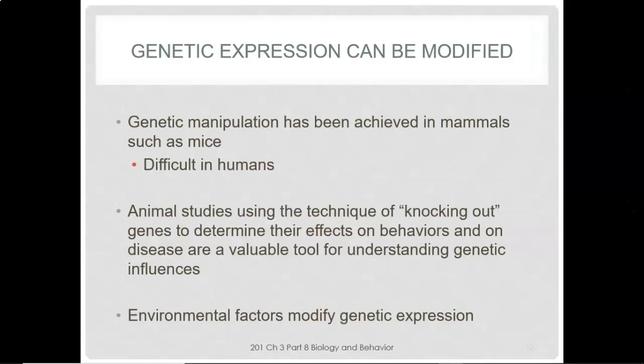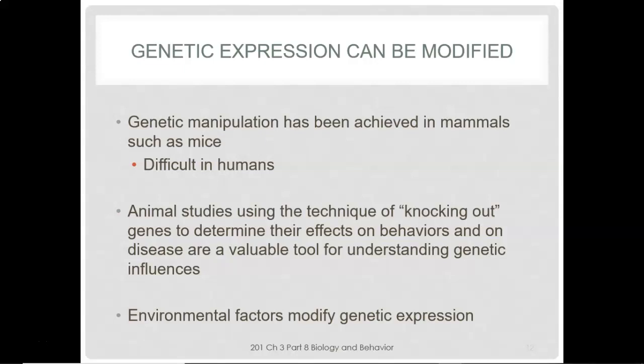With selective breeding, we are able to do significant genetic manipulation in mammals such as mice and rats. When we're doing this kind of manipulation, we need species that don't live very long because we have to selectively breed them.